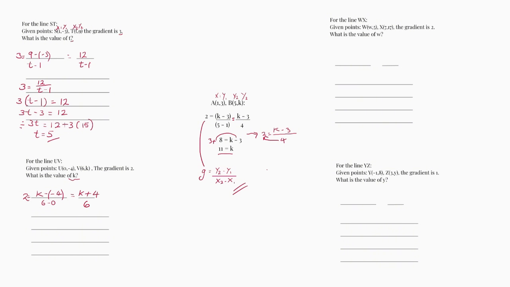This looks like an easier one, doesn't it, than before? So now, what have we got? We've got 2 equals k plus 4 all over 6. Times that out. So now we have 12 equals k plus 4. And we need k on its own.